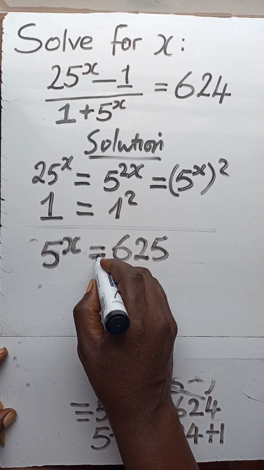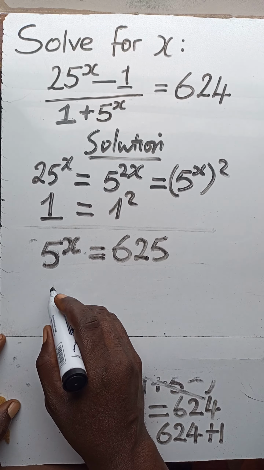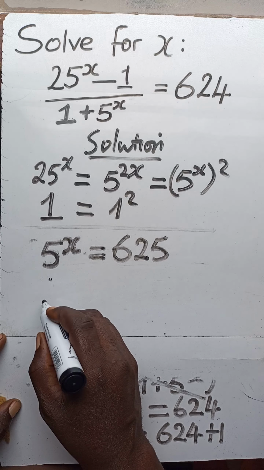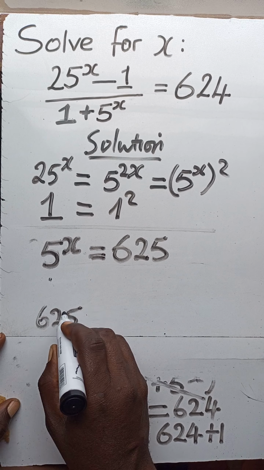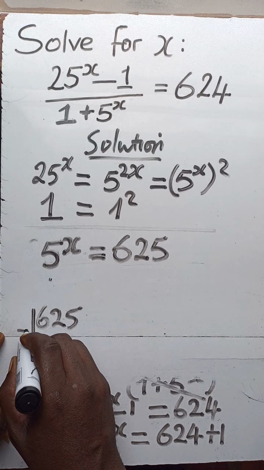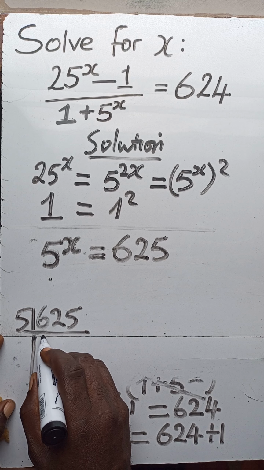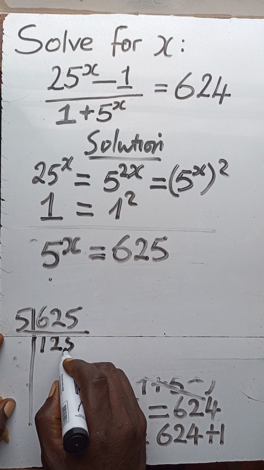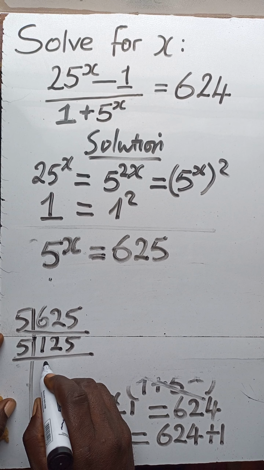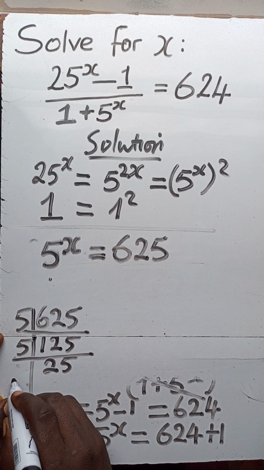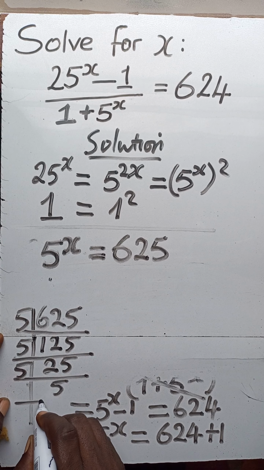Okay, but 625, we know it is 5 to the power 4. All right, you can always check. You can always take 625 and you keep dividing. That's how we check. 625 divided by 5 is 125. 125 divided by 5, it is 25. 25 divided by 5 is 5.